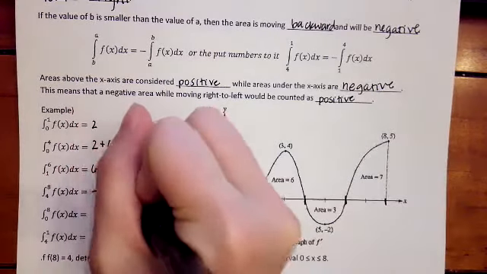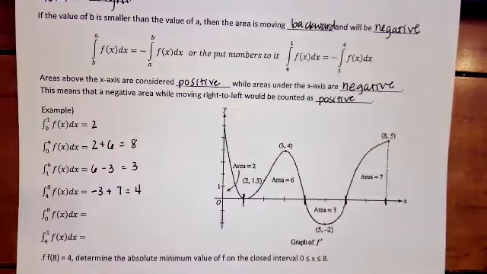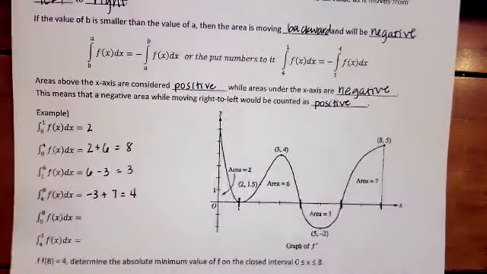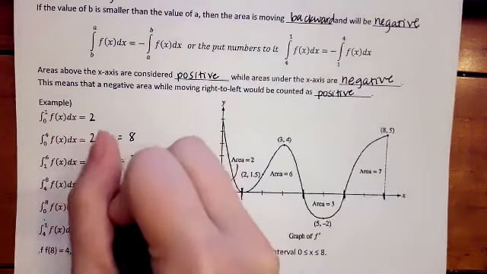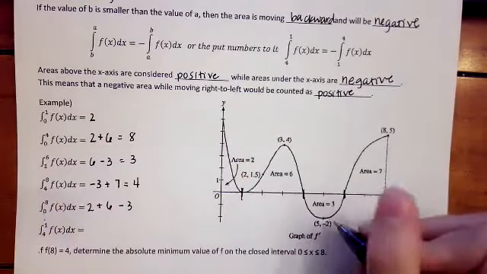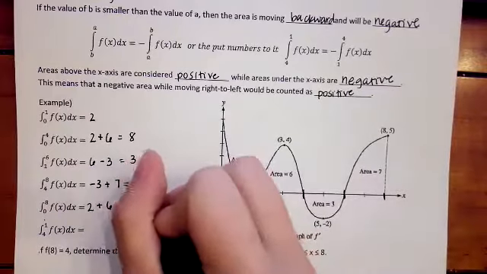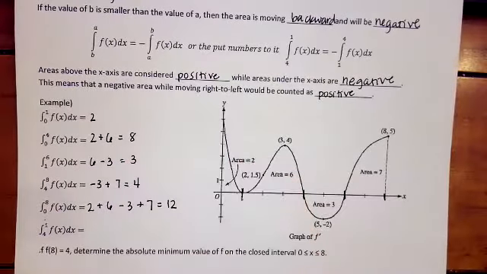We add a positive area of 7 for a total of 4. All the way from 0 to 8, we have 2 plus 6 minus 3 under the axis plus 7 above. Total area of 12.